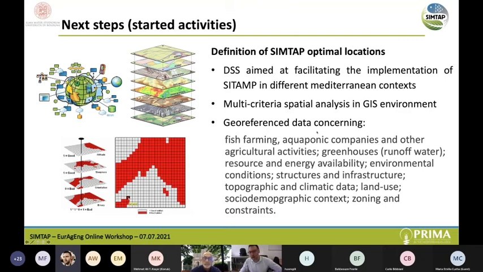So all that to define a decision support system, which is useful to support the implementation across the Mediterranean region of these SIMTAP pilots and future installations.